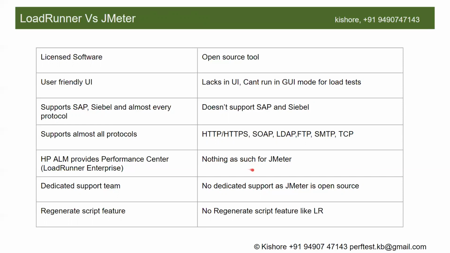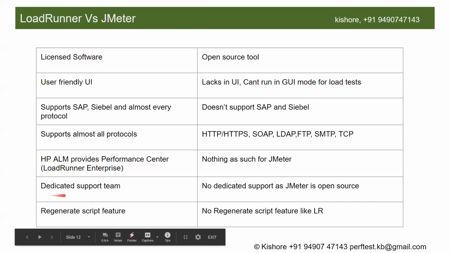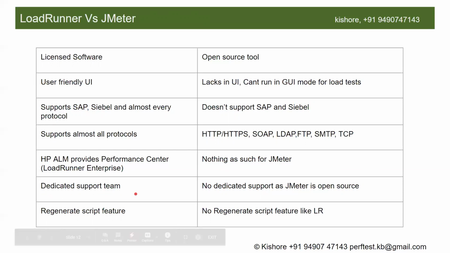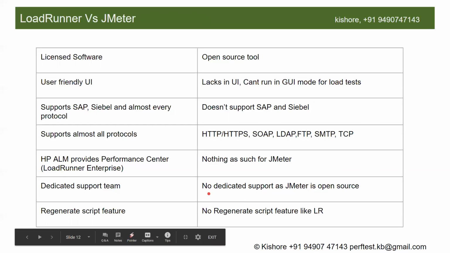But we don't have this kind of feature with JMeter. And Loadrunner, being a licensed tool, has a dedicated support team, whereas there is no dedicated support for JMeter as it is an open source tool, right? And Loadrunner provides another feature called regenerate script, whereas JMeter doesn't have such a regenerate feature like Loadrunner, right?